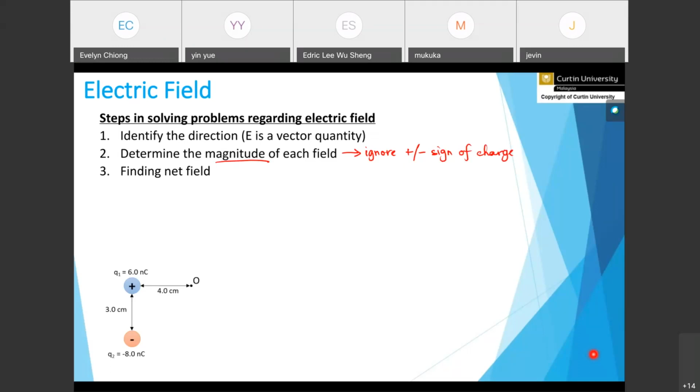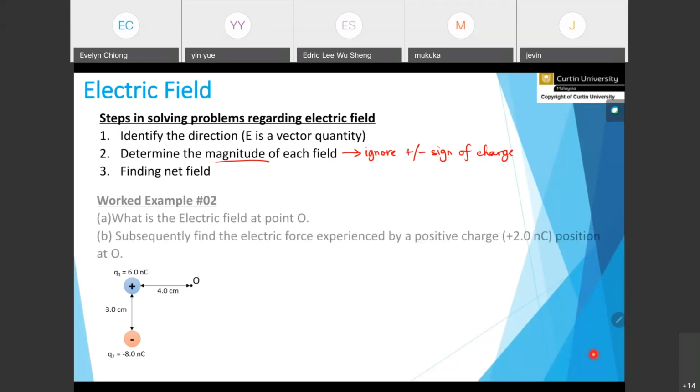So if we look at the test charge, the test charge is at position O. What is the electric field at position O? Subsequently we want to find the electric force.